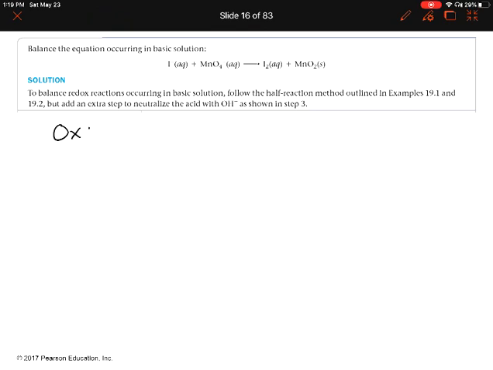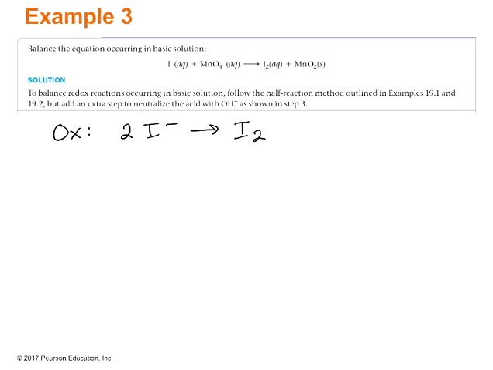So for oxidation, again, we have 2I minus, and that's going to become I2. And let's figure out how many electrons are lost during this oxidation half reaction. So how many electrons are lost overall?